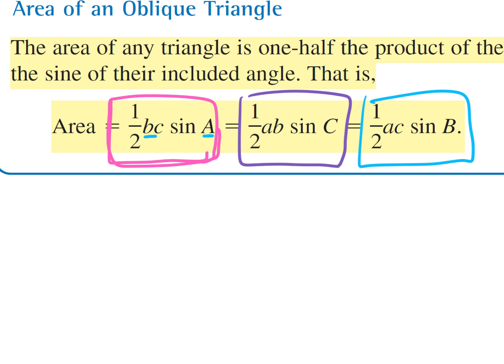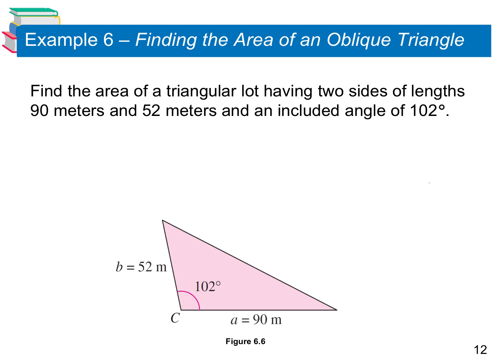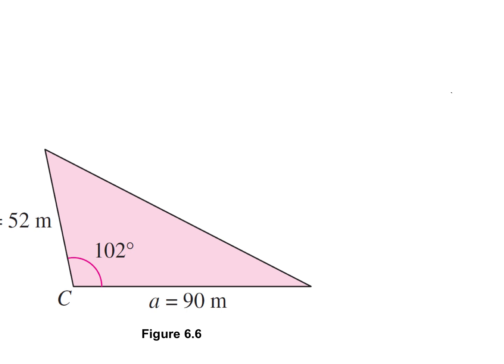So these are three different formulas that you can use. It's the same thing, it just depends on what it gives you. So here it gives us side A, side B, and angle C. So it's perfect. It's everything we need. So our area is going to be 1/2 A times B times sine of C.